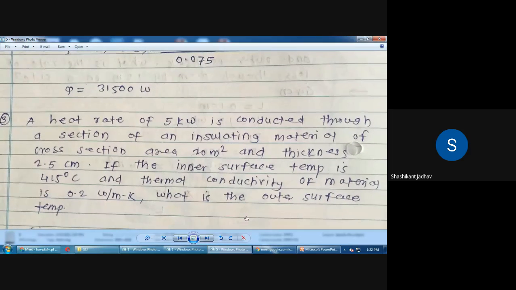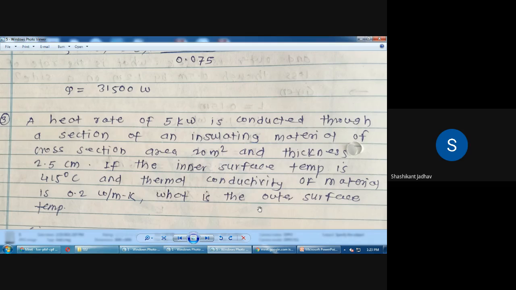A heat rate of 5 kilowatt is conducted through a section of an insulating material.